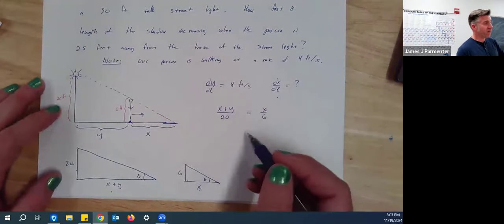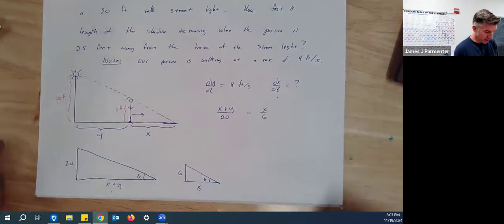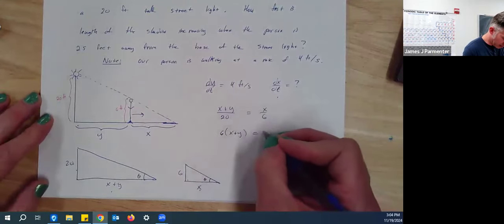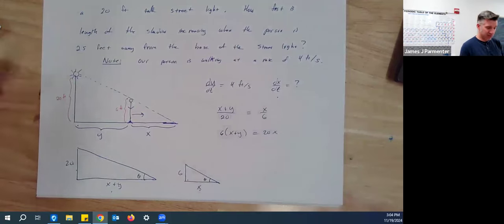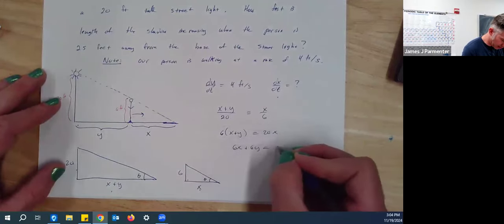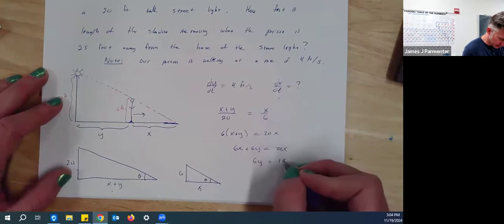So most of the time at this point we differentiate both sides. Here I would recommend simplifying first. So I'm going to cross multiply and get 6 times x plus y equals 20 times x. Might as well keep going. 6x plus 6y equals 20x, and 6y equals 14x.